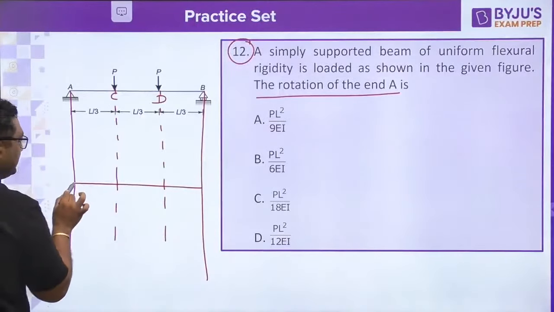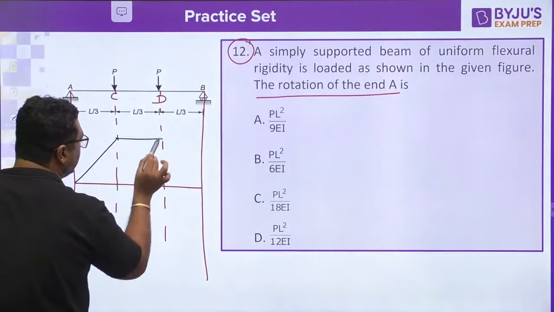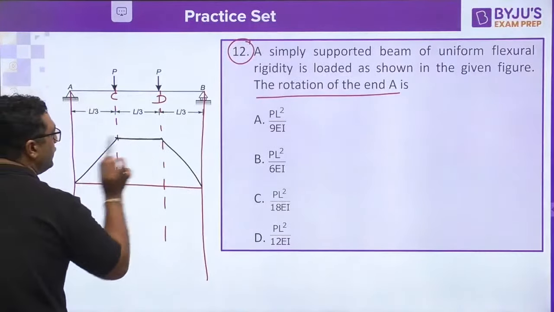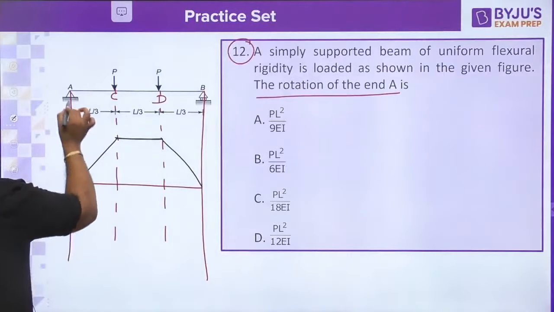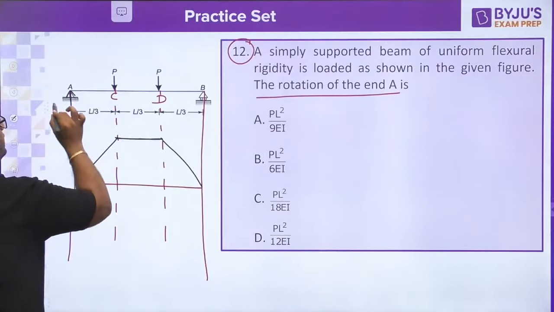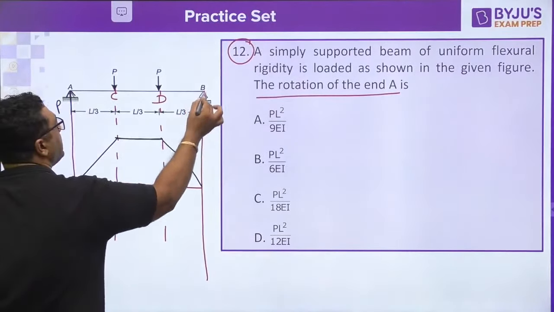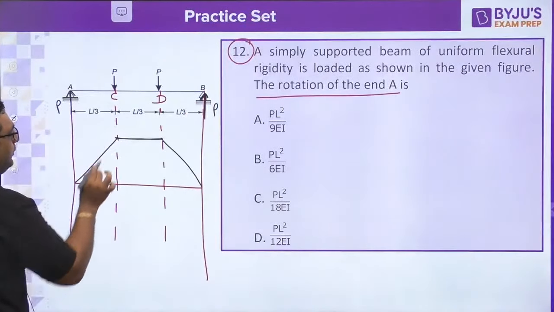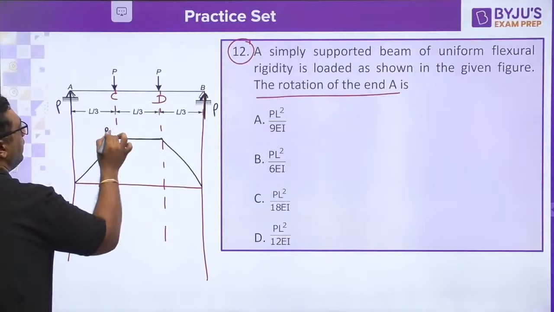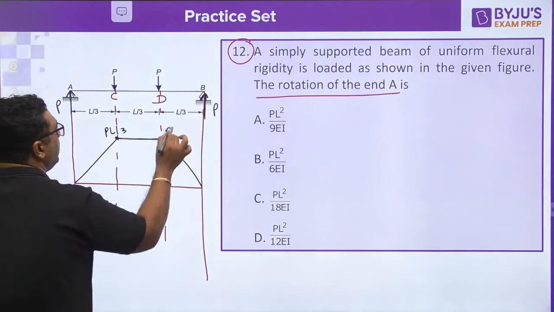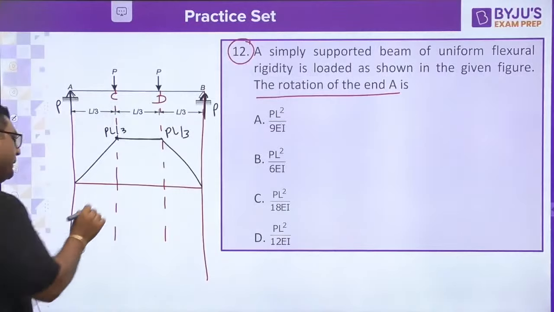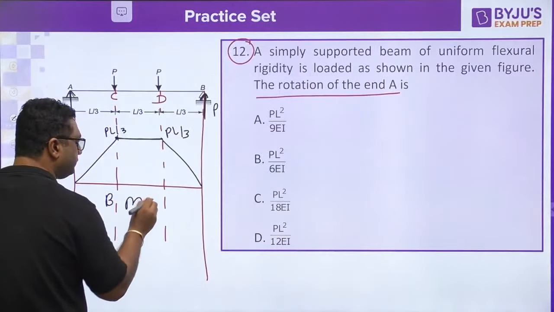This is going to be the BMD for this. For C to D, bending moment is going to be constant, and if you find out the reaction by symmetry, it is coming out to be P only. So at a distance of L by 3, you will be having this value to be PL by 3, and this is also PL by 3. This is going to be the bending moment diagram.